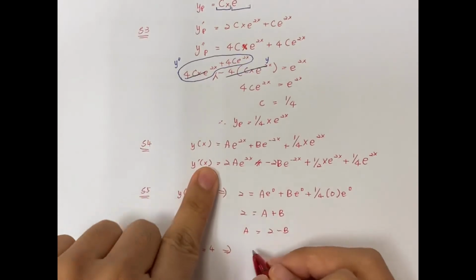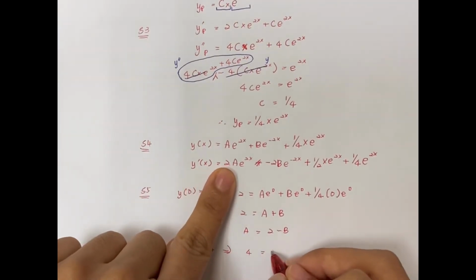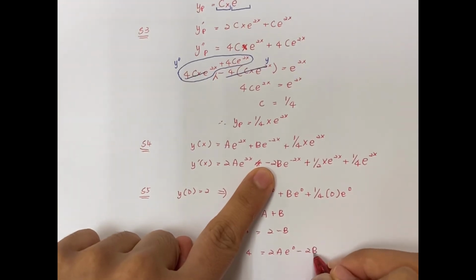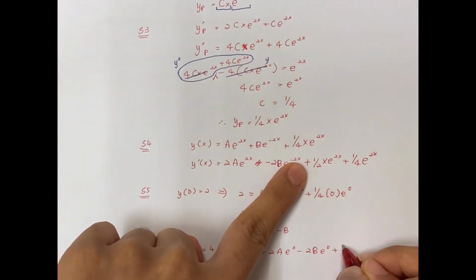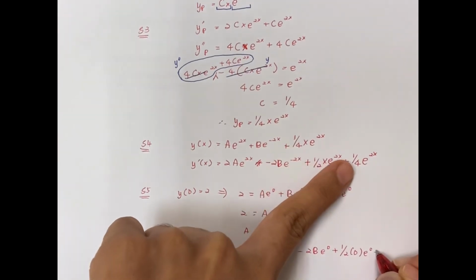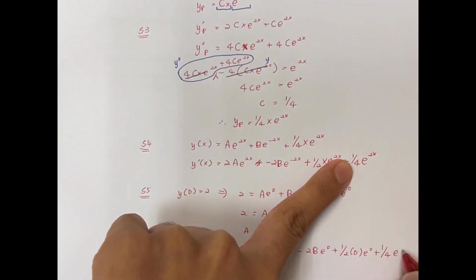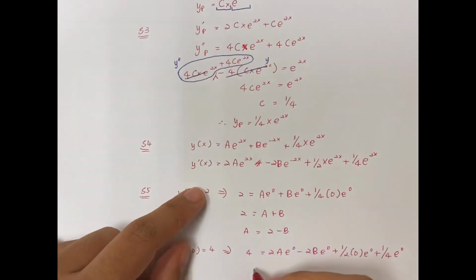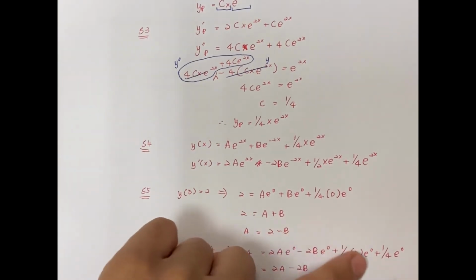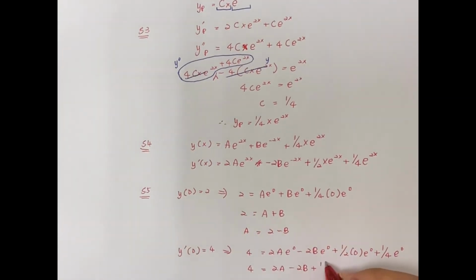So for y prime, 4 is equal to 2A e^0 minus 2B e^0 plus half times 0 times e^0 plus 1 over 4 e^0. So 4 equal to 2A minus 2B plus 0 plus 1 over 4.